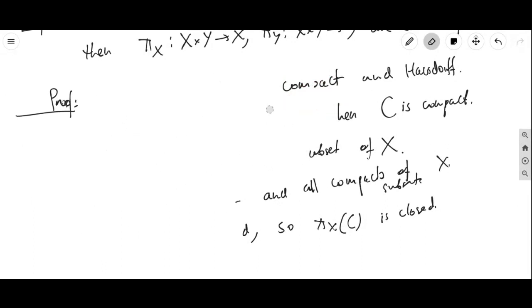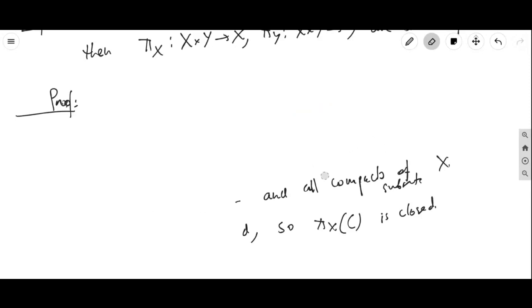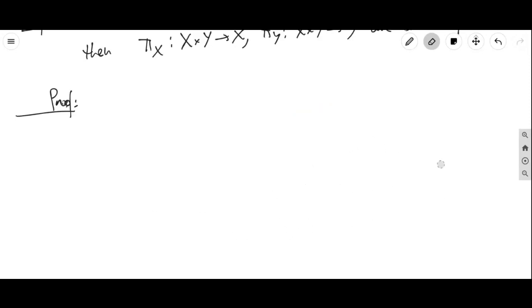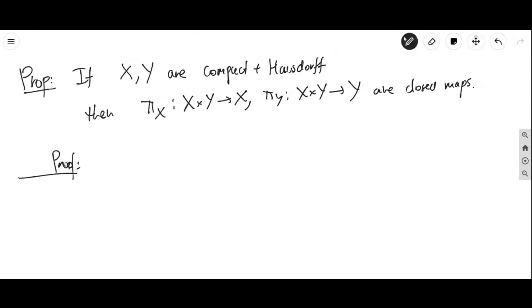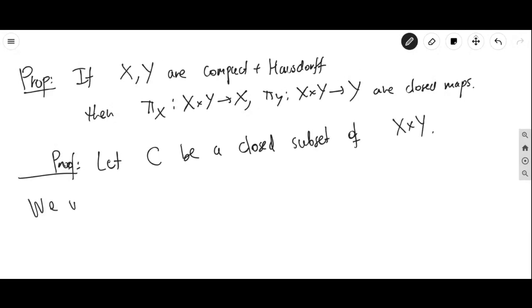So let's talk about the correct way of proving this. It's a somewhat interesting proof. Here's the way it goes. Let C be a closed subset of X times Y. We will show that pi X of C is closed in X. And the other one, pi Y of C, is the exact same proof, just repeated.